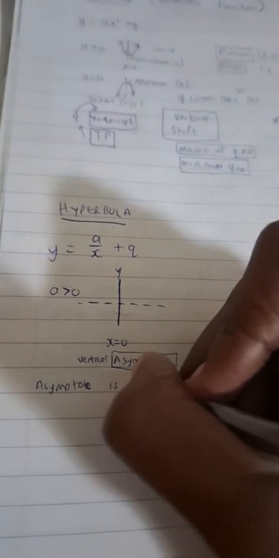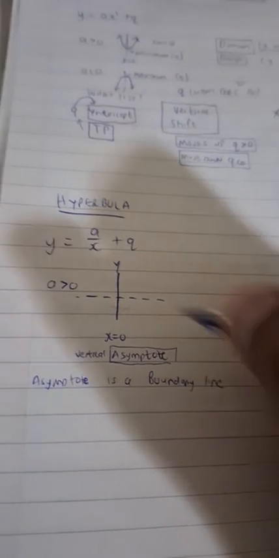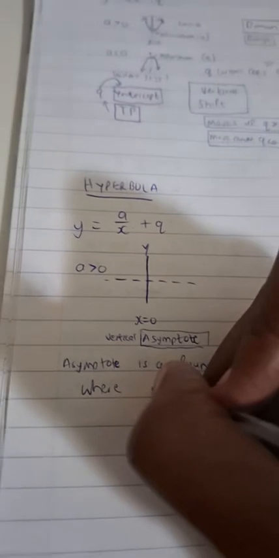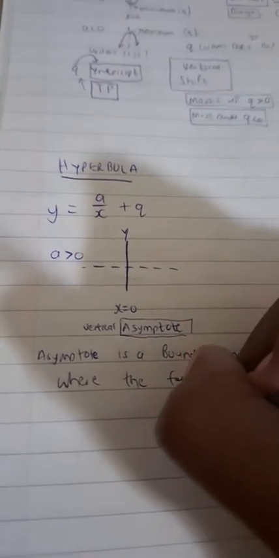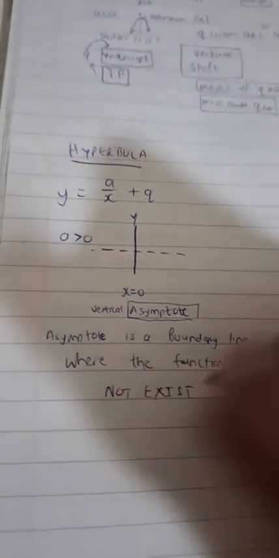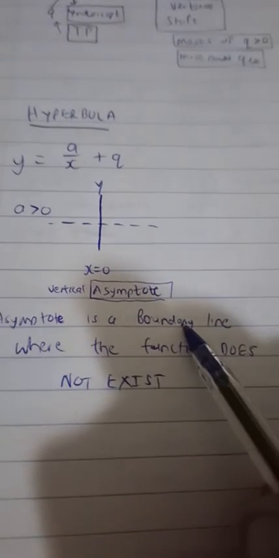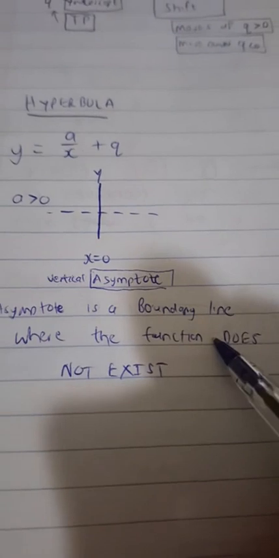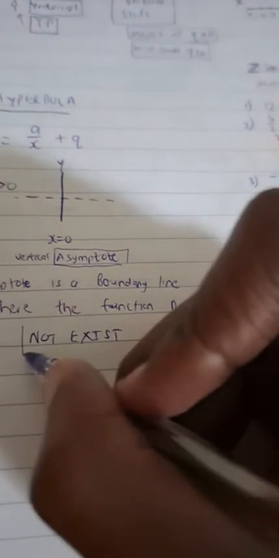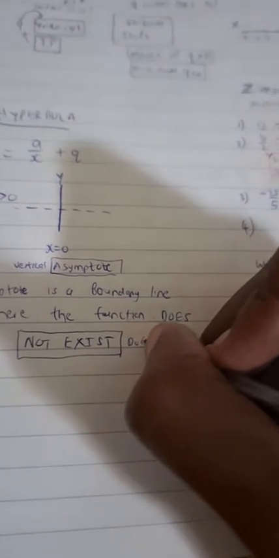An asymptote is a boundary line where the function does not exist, does not touch.